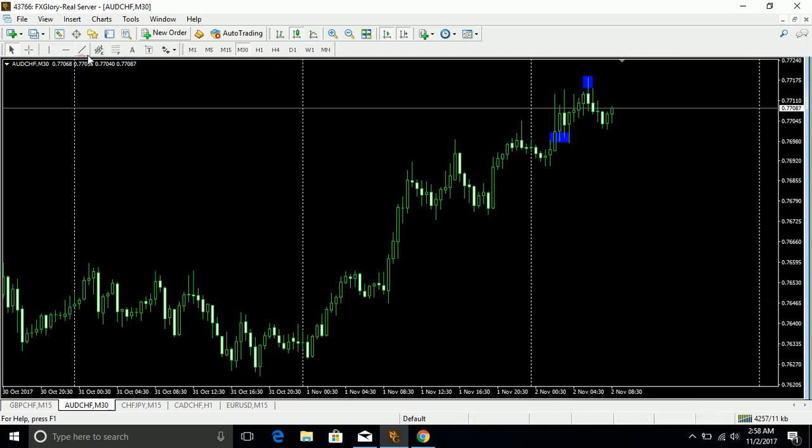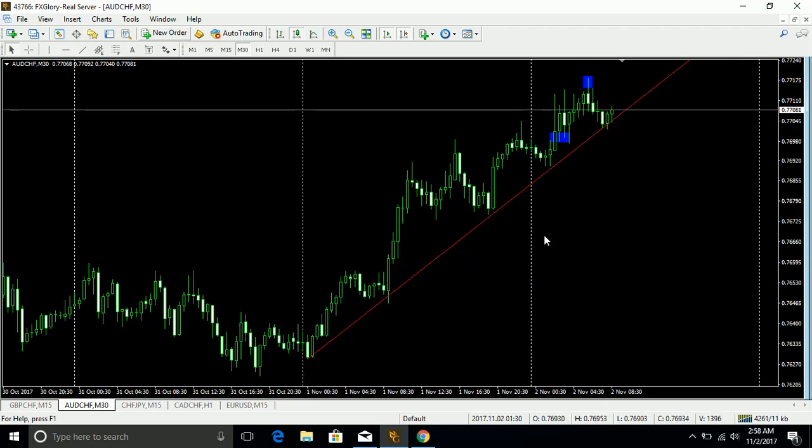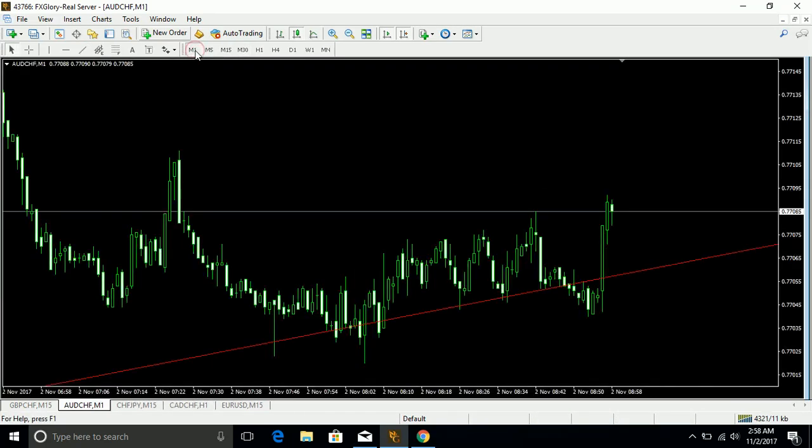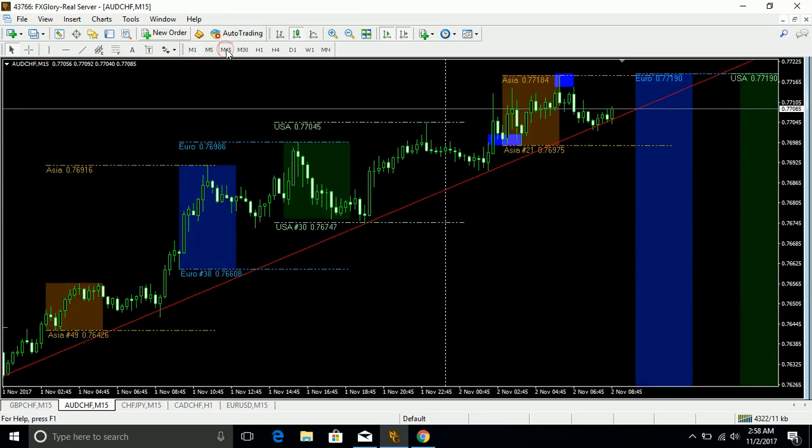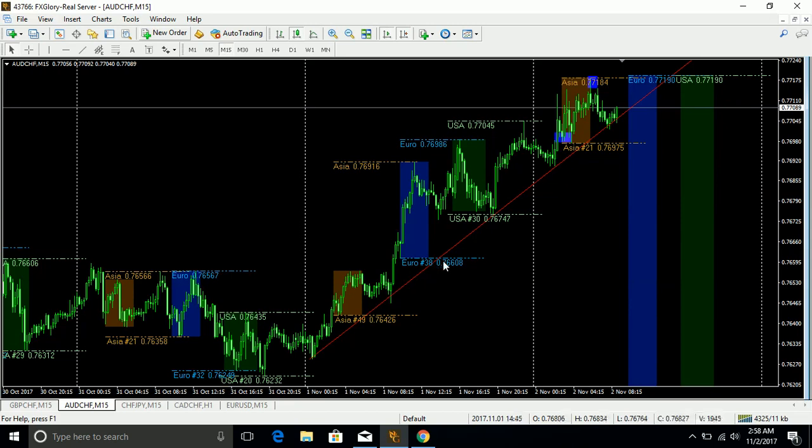Let me go ahead and draw this trend line because I can eyeball this. I can eyeball this trend line right here. You guys see that? Everybody, you guys can clearly see that trend.